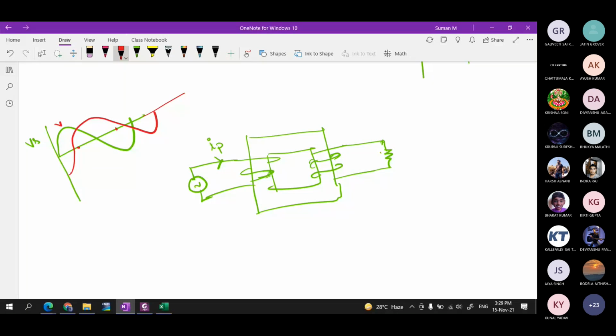This will be your source voltage, that is Vp, and this will be your current. Also your flux will be like this. Now the EMF induced, that is E, you can see in two ways.